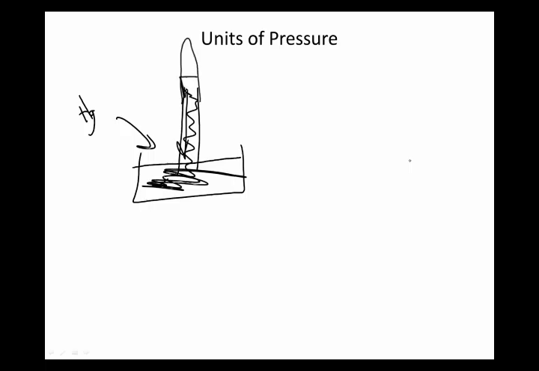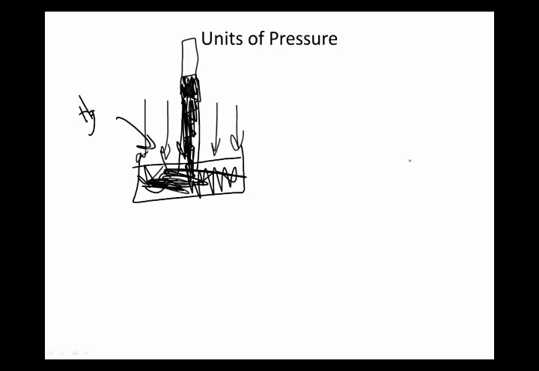And it only fell so far. It stayed up here somehow. And what made the mercury stay up there is that there is pressure from the air pushing down on the outside.